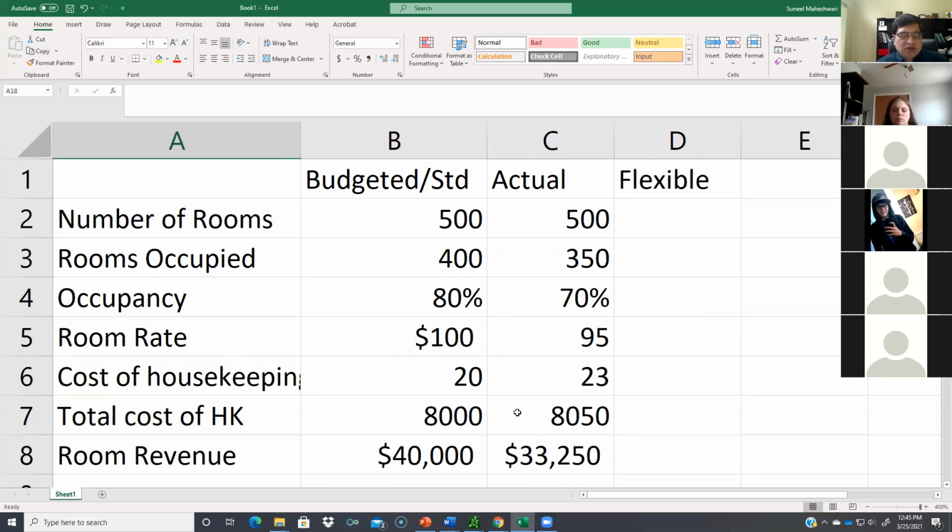Now let's go back to this example. Should you be comparing this with this? Yes, I think so. Think again.